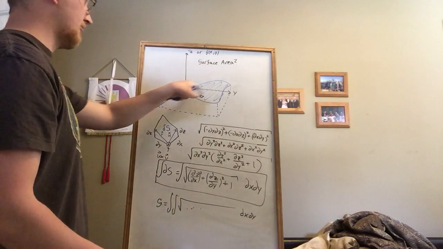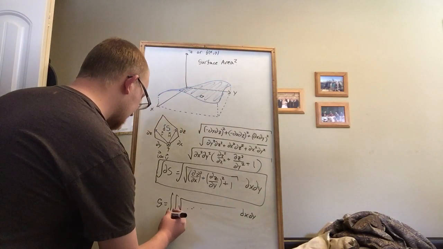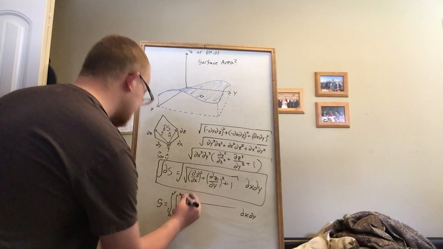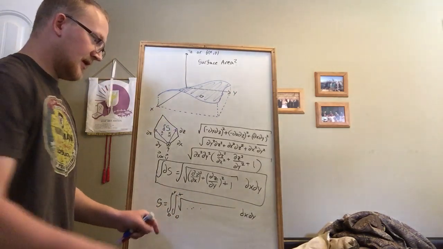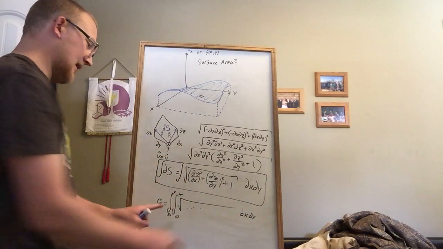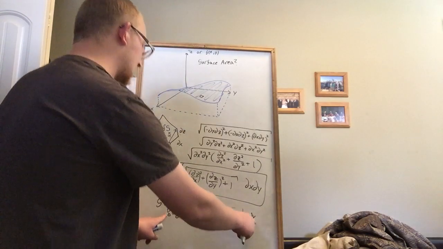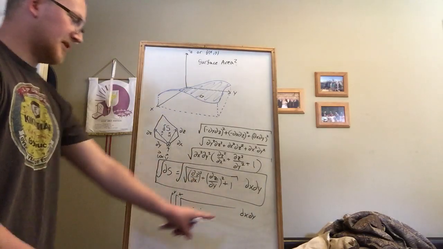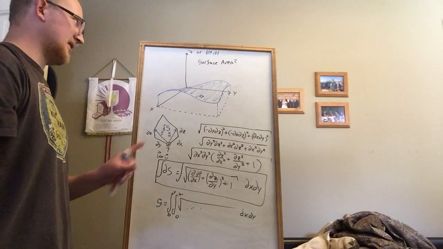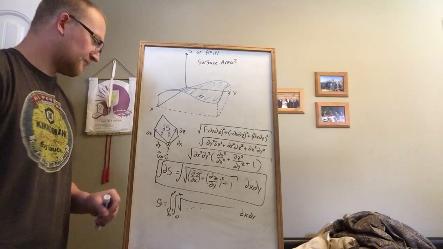So if y went from 0 to y, then we would put 0 to y here, and x goes from 0 to x. You always want to make sure that your innermost values, dx, match with x, and then as you go to dy, it's another step. So you want to make sure these are in the correct order to match your boundaries. But ultimately, this is how we find surface area.